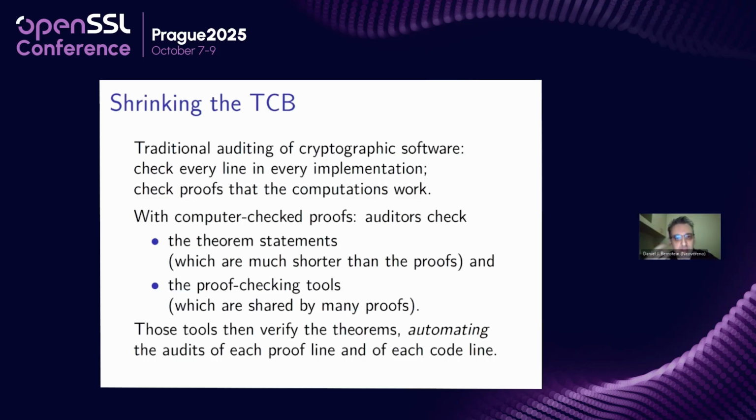That's what the proof says, yes, it is computing that, and you have to check, is that what you want? Plus, you have to check the proof checking tool like HOL Light, which is shared by tons of proofs, so that's been done already. So you've automated the painful part, and you've reduced the trusted computing base down to just a small theorem statement for each of these subroutines.